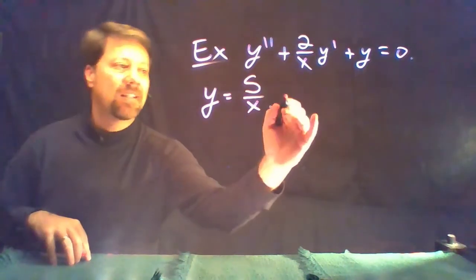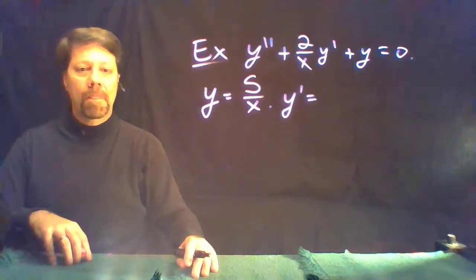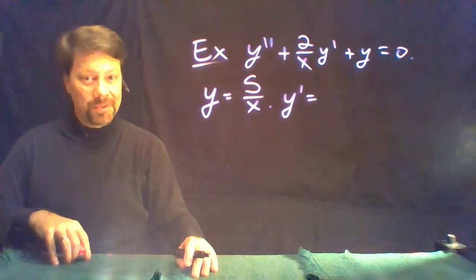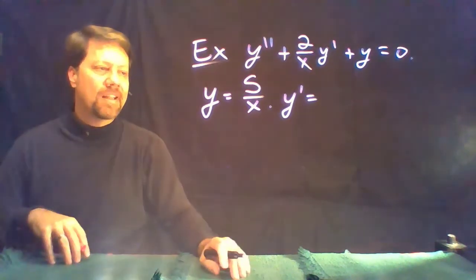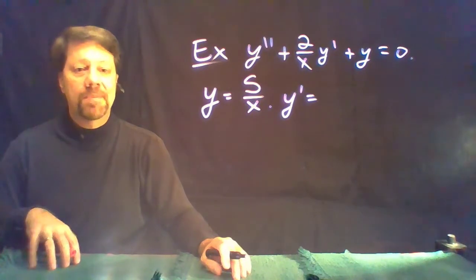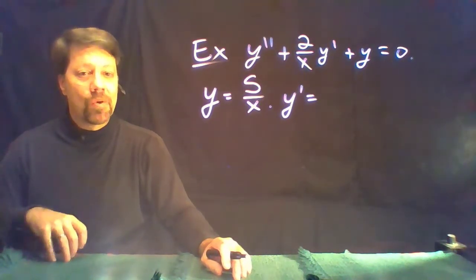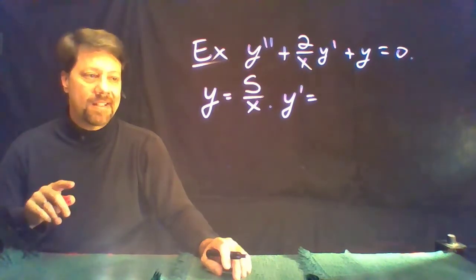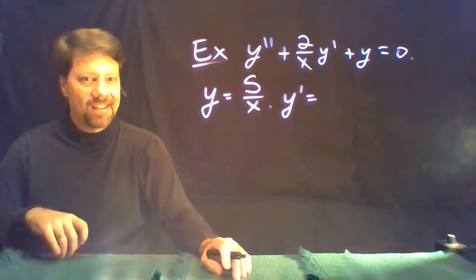If that's the case, then y prime can be found using the product rule. Yes, I said product rule. I know that we could use the quotient rule, but I'm going to rewrite this as sine of x times 1 over x. Remember that in the product rule, you take the derivative of the first times the second plus the first times the derivative of the second.